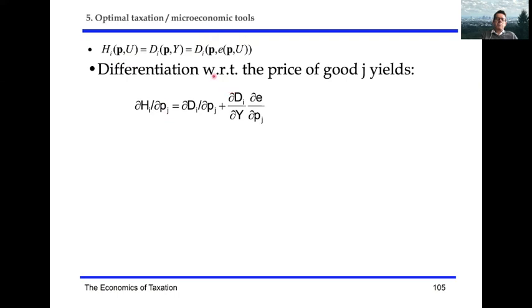If pj changes, so some element of this vector p changes, that's the first effect. And then also some element of this vector changes, so there's an indirect effect. The change of pj in here affects the value of the expenditure function, and the value of the expenditure function has an impact on Marshallian demand.